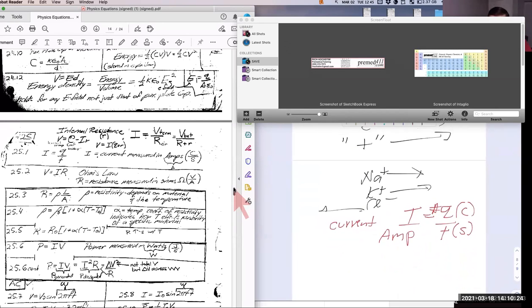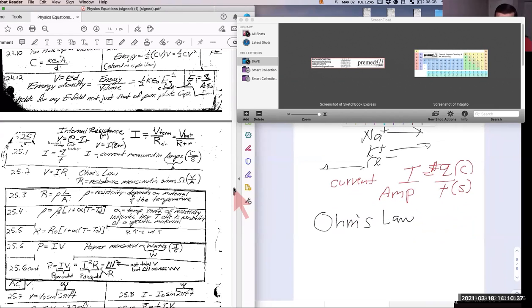Now, there is something called Ohm's law. And everybody that takes physics 2 knows Ohm's law. V is equal to I R. Just think beer.